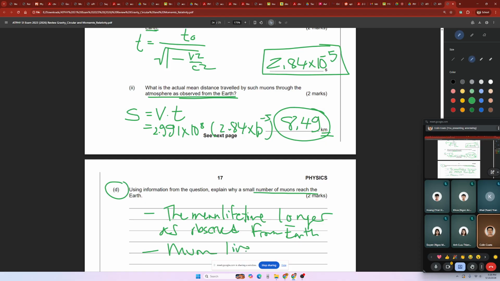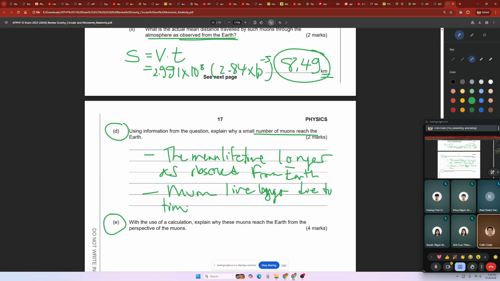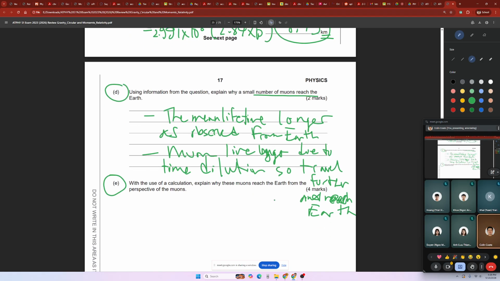So they live longer due to the time dilation effects. So they can travel further and reach Earth. Whoopsies, reach Earth. Yeah, I know, the mouse. I could write better, but I wouldn't be as fast.